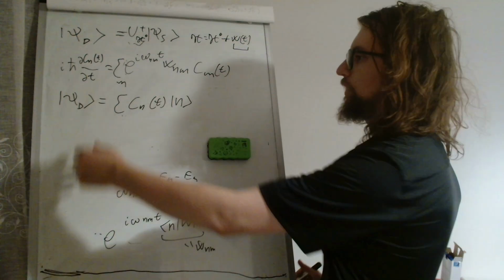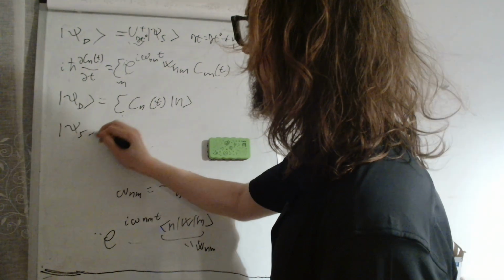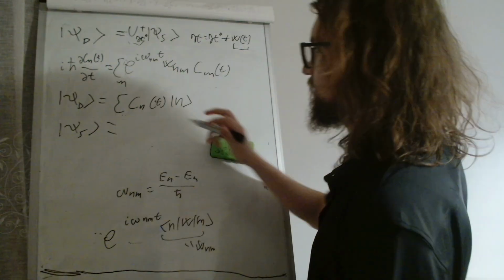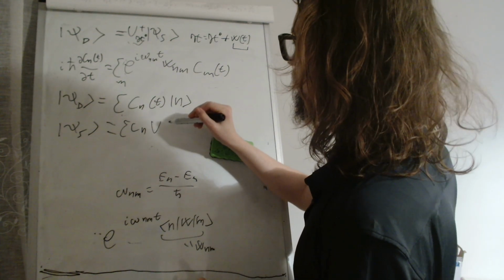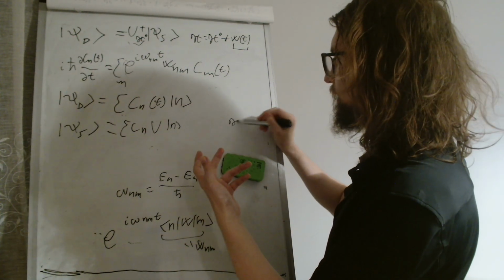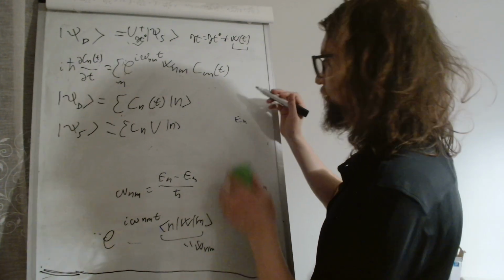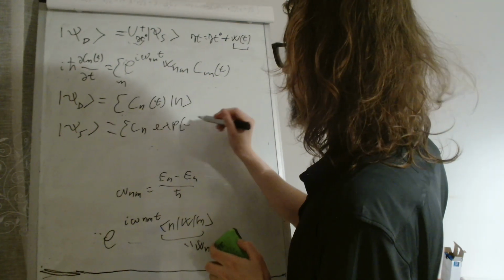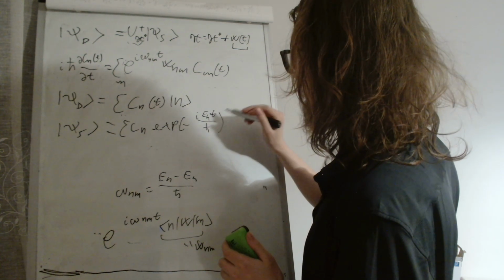Finally, we can write the solution in the Schroedinger picture, so we would get ψ_S, and ψ_D is U dagger ψ_S, so ψ_S is U ψ_D, the summation of Cn U |n>, and U is the exponential with H0 inside, so acting on |n> it will return the eigenvalue En, so we can write exponential of minus i En t divided by h bar |n>.